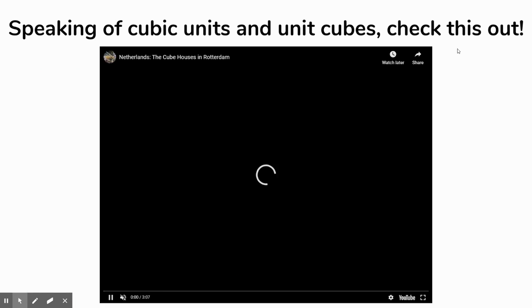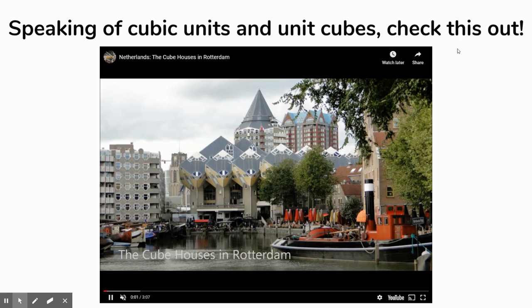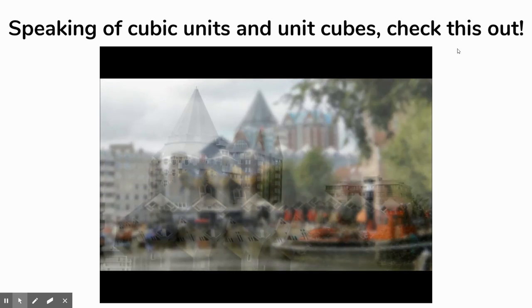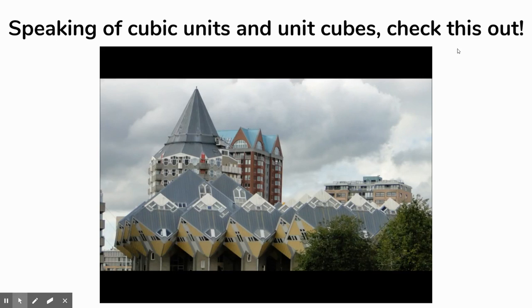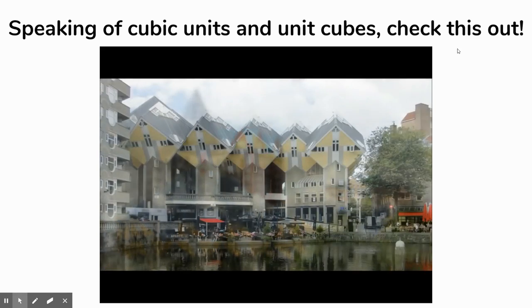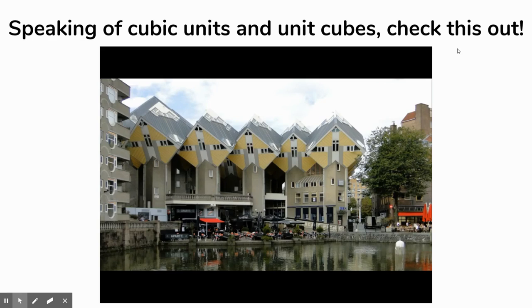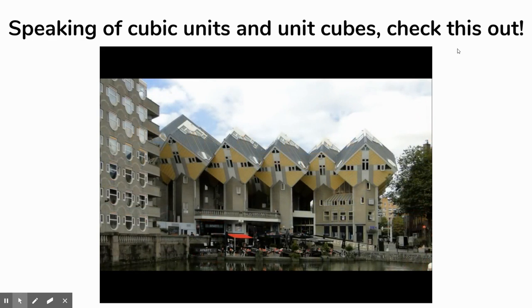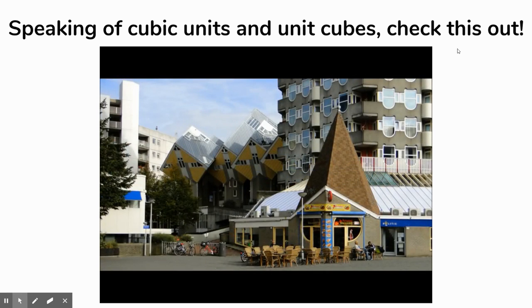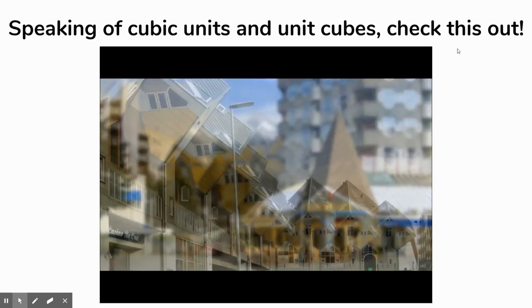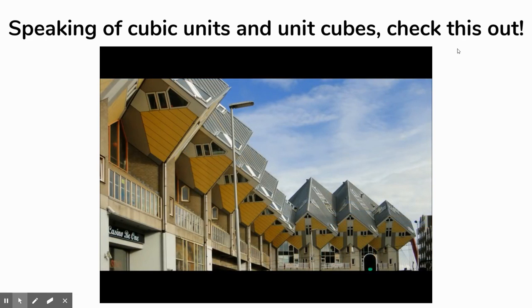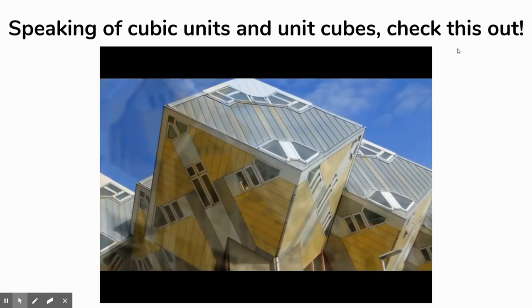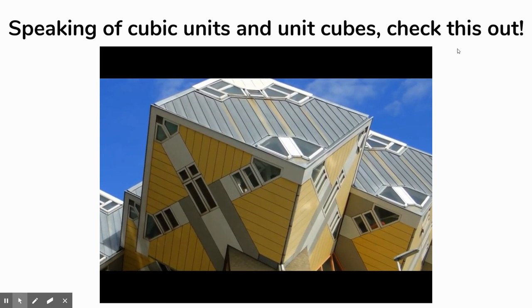And speaking of cubic units and unit cubes, I wanted to show this video. This is a place in the Netherlands, and they actually built these houses that people live in that are shaped like cubes. And they're really cool looking. They were made in the 1980s, and you're going to get to see what they look like inside. But when I think of unit cubes, I always end up thinking about these houses.